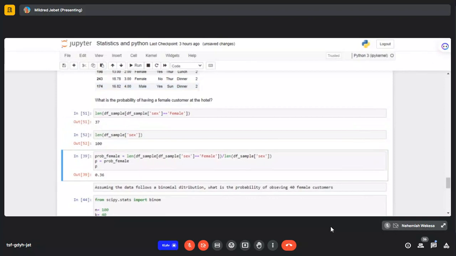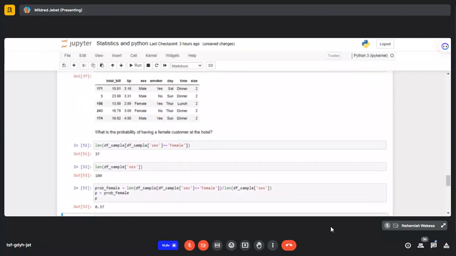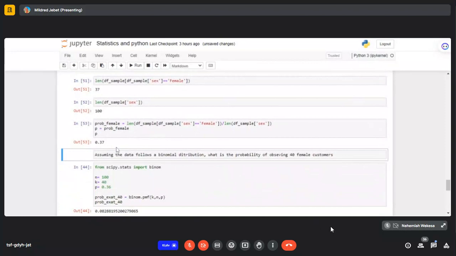Why was I getting a probability of 0.36? When we divide the two, okay, 0.37. That's how we get the probability of having a female customer in the restaurant.